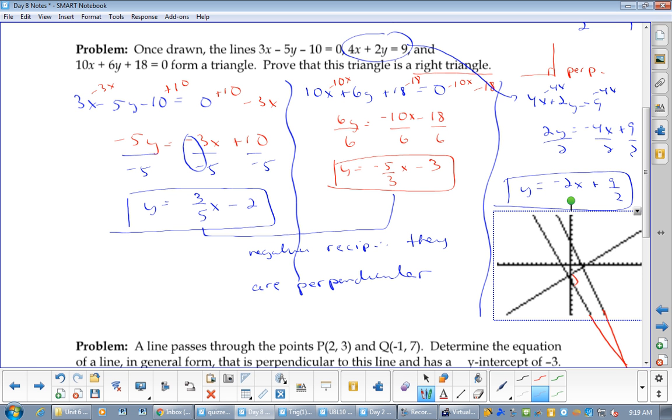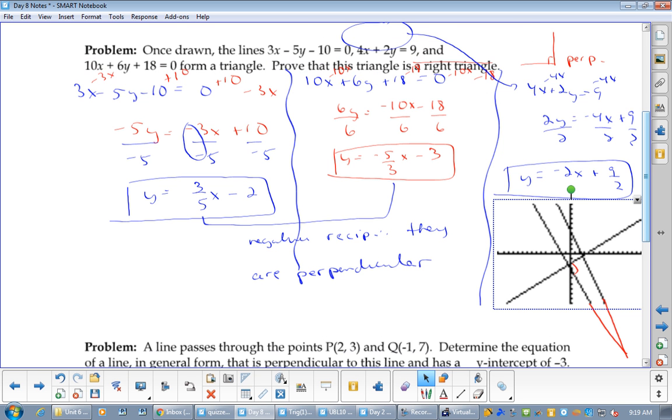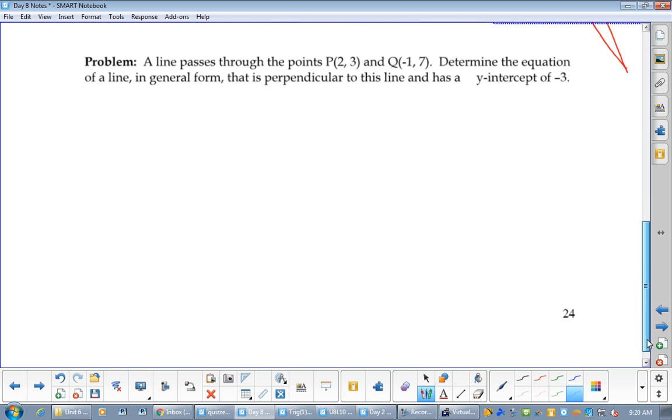So there's your right angle triangle. That's actually called a proof. You're using other knowledge to prove something, right? And this would be your proof right here that they are indeed meeting at 90.